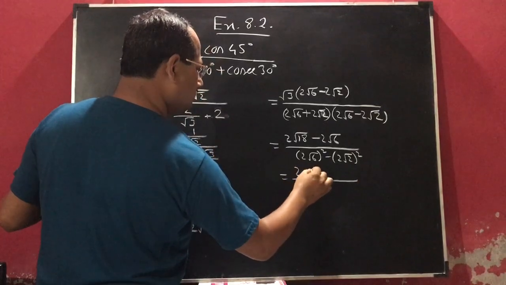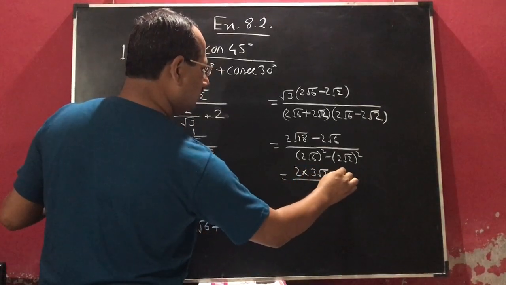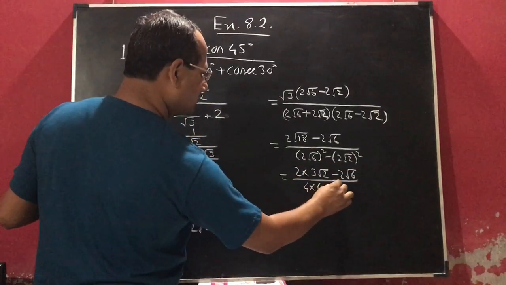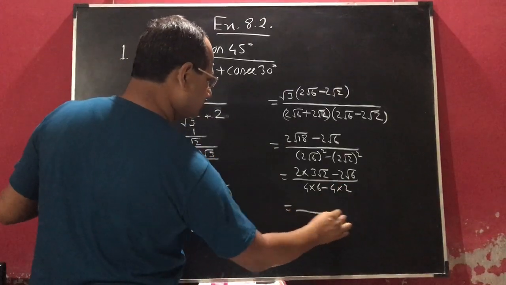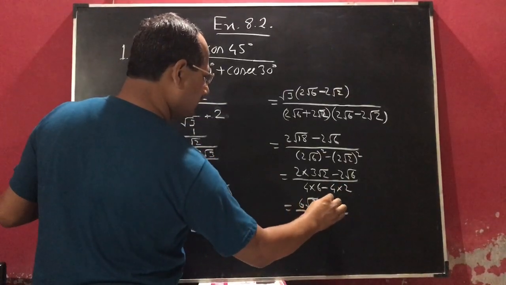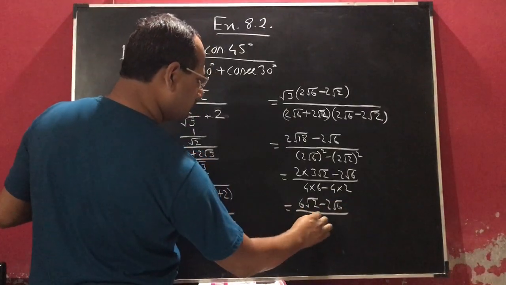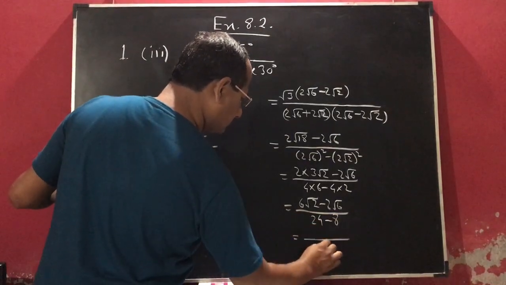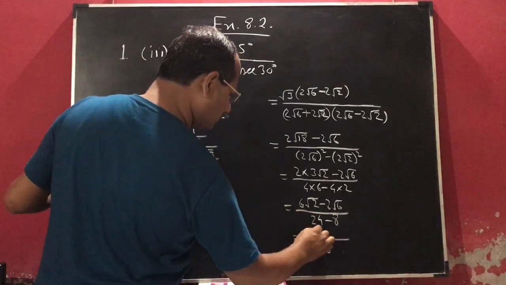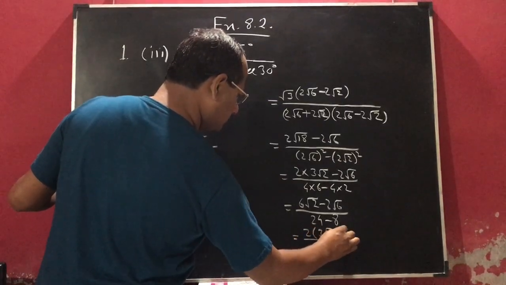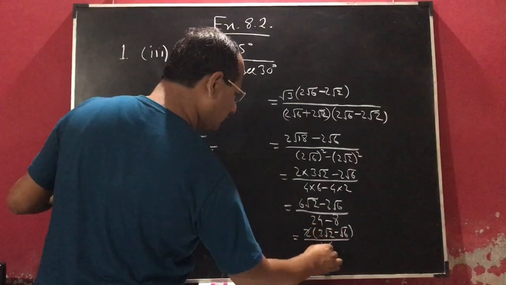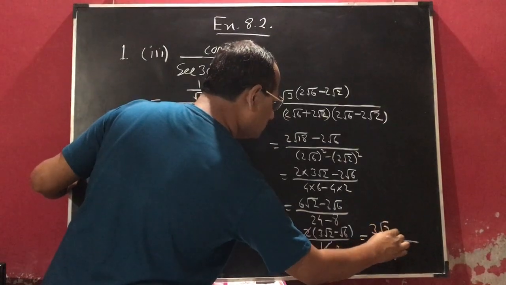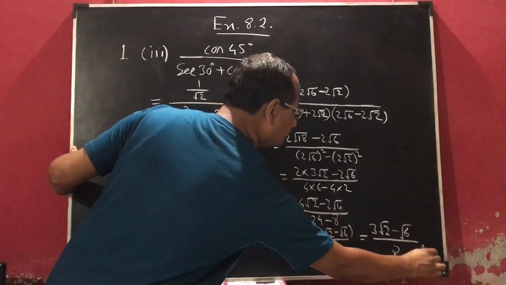That is 2 into 3 root 2 minus 2 root 6, 4 into 6 minus 4 into 2. 6 root 2 minus 2 root 6 divided by 24 minus 8. It is 16. 8 common, 3 root 2 minus root 6, that is equal to 8 (3 root 2 minus root 6). This is the answer.